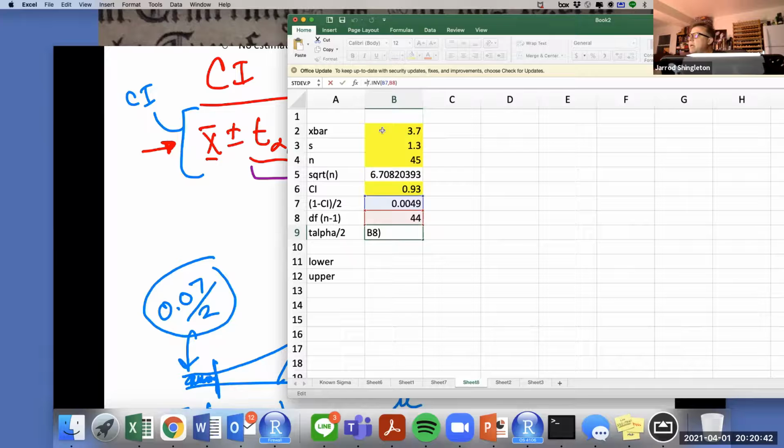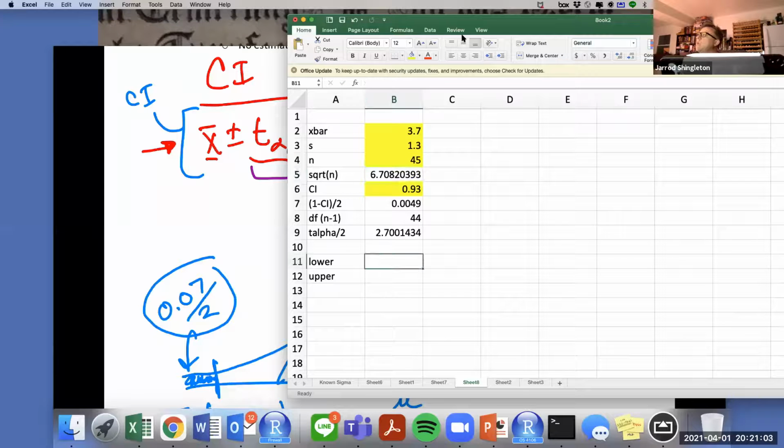I don't like it being negative. So for my template, I'm going to make a negative T inverse. You'll notice that this number will get closer and closer to your approximation with a standard normal for your critical value as you increase the amount of observations that you pull from a sample. For instance, if I did 900, that's going to get smaller and smaller. But for right now, we just have 45 observations.